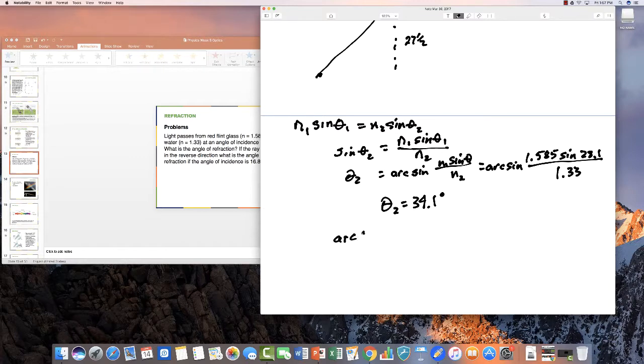It's going to be the arc sine of n2 sine theta 2, because we're going in the opposite direction, over n1. Now this is going to be 1.33 sine 16.8 degrees divided by 1.585. And indeed, when you do this math, theta 1 is going to equal 14 degrees.